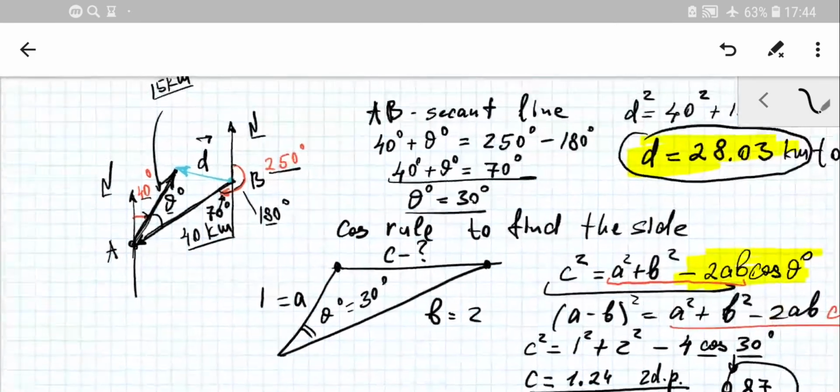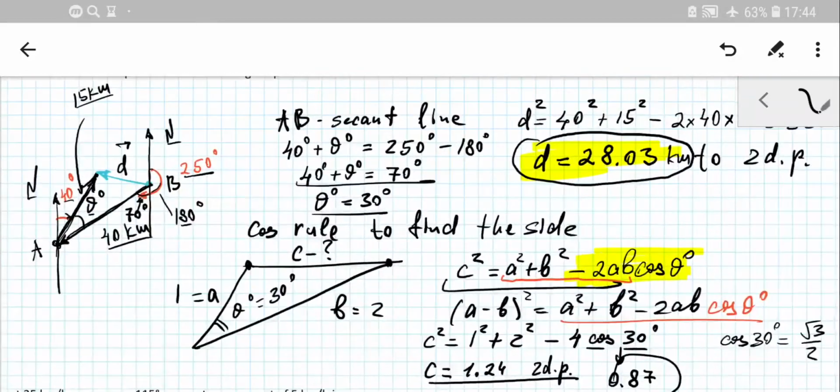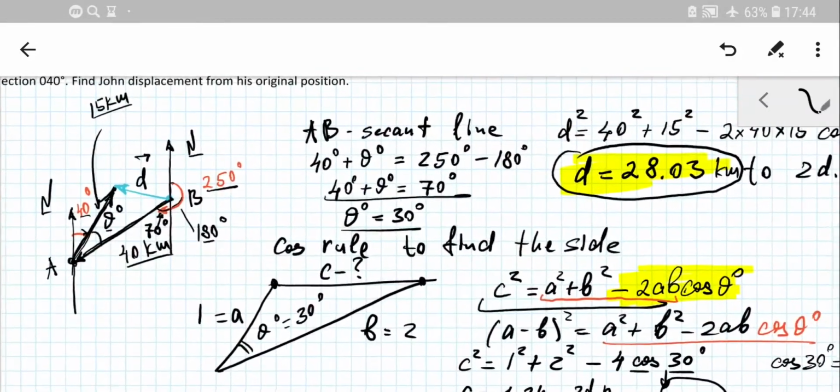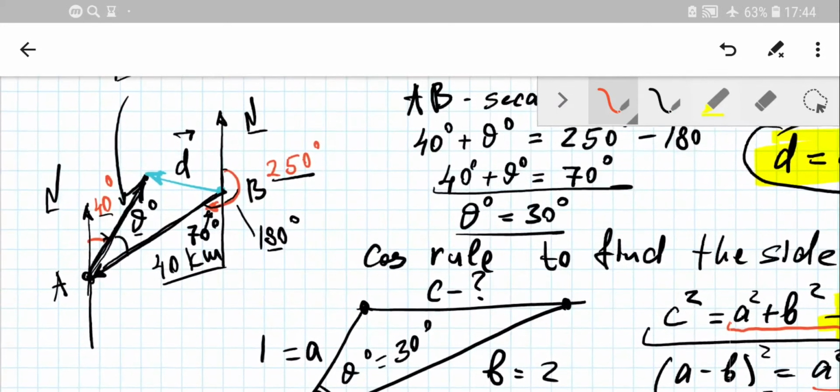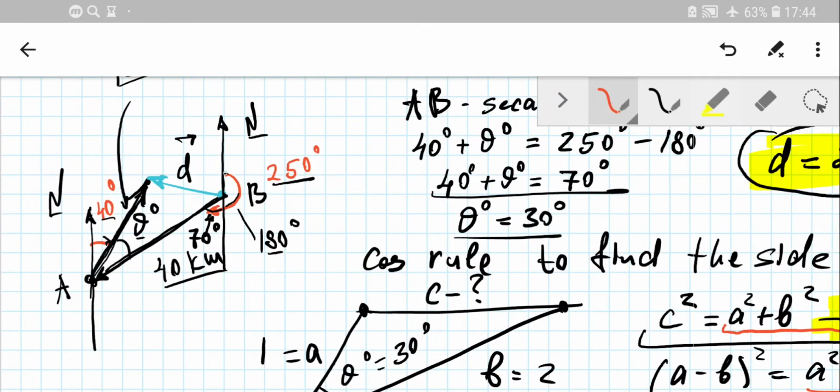And if you're asked to find at what bearings the displacement vector is set up, you need to calculate, let's see, which angle. You've got already 250, so the bearings is measured in clockwise direction. So you need to get this extra angle, let's say x degrees.